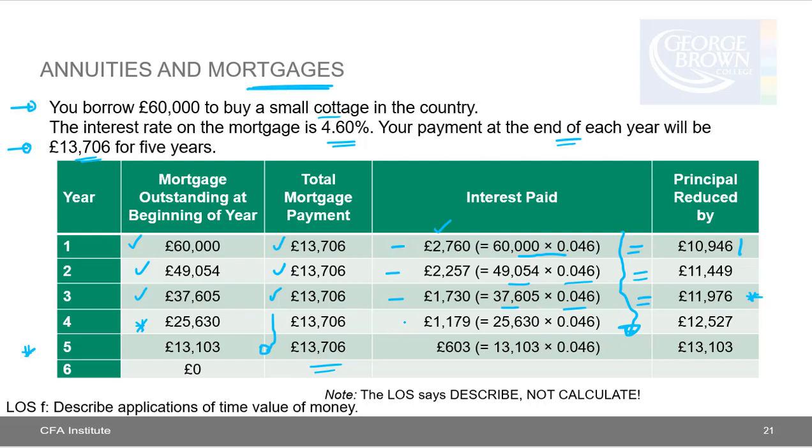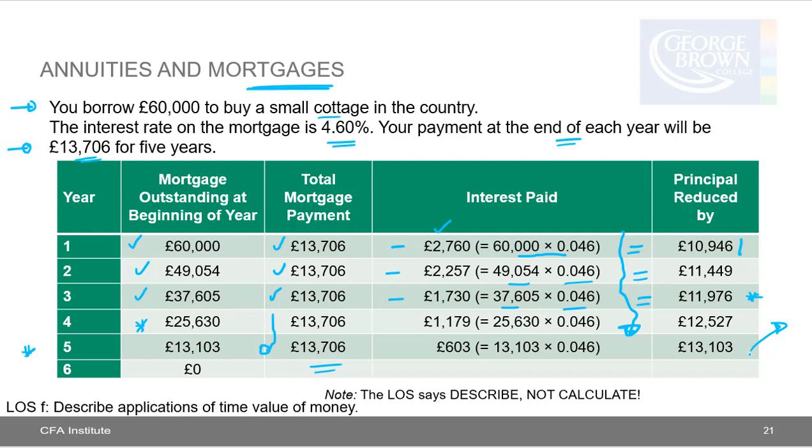So the interest component is getting lower each year, and the principal is increasing each year. You can see the amount of principal paid back in the first year was 10,946 pounds, but the amount of principal being paid back in year 5 is 13,000 pounds.